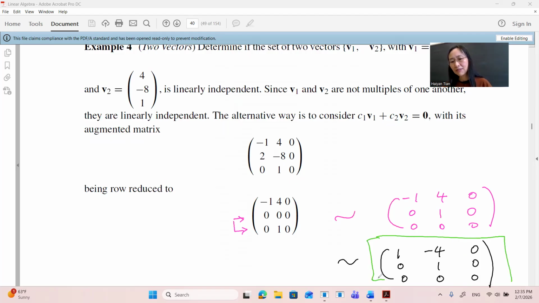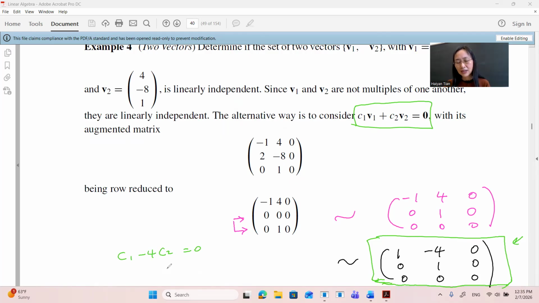This is certainly a consistent system because any homogeneous system is consistent, right? We have at least a trivial solution. So remember that. So the question is, do we have only the trivial solution? When you decide, this reduced form tells us the first means C1 minus 4C2 is 0.